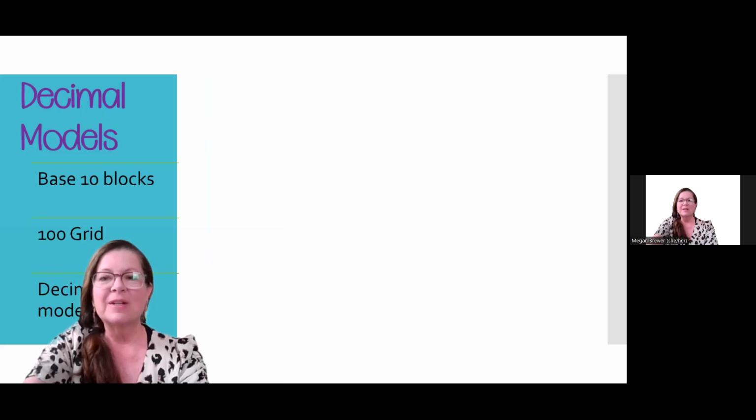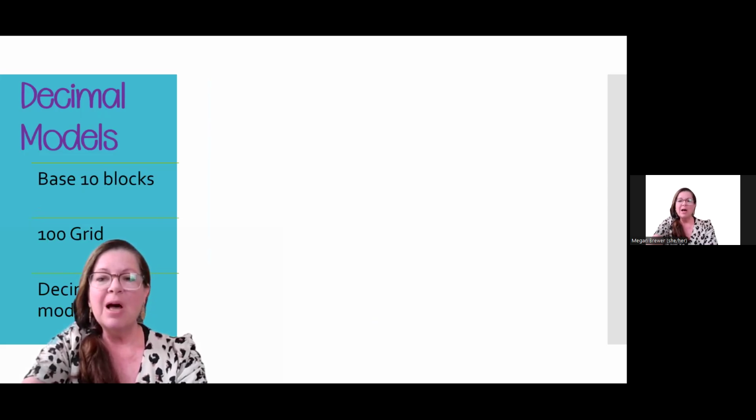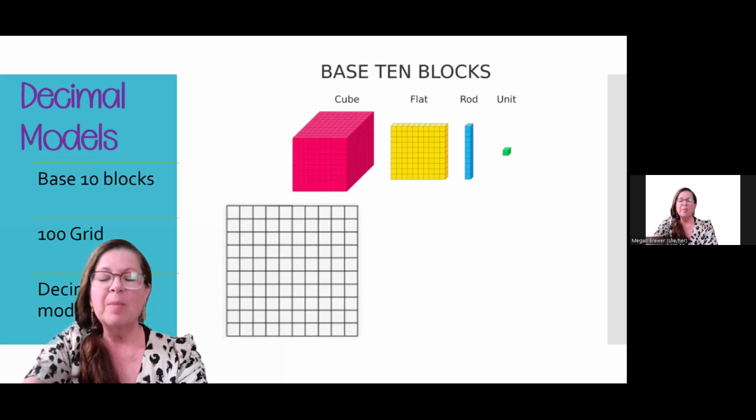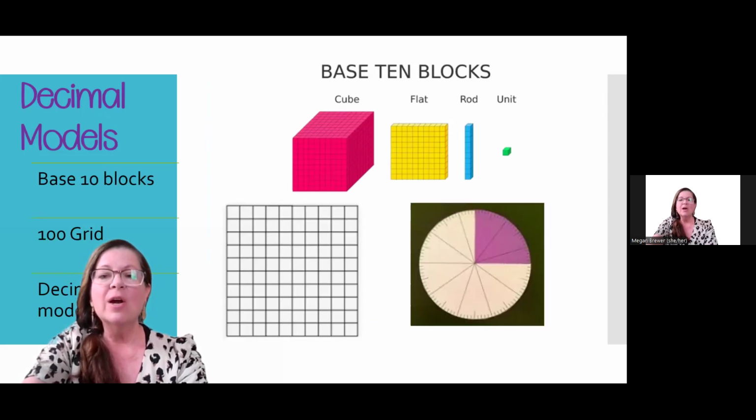Decimal models. For grade 5, effective decimal models include base 10 blocks, 100 grid models, and area models to visualize decimal operations with addition, subtraction, multiplication, even division. Base 10 blocks.